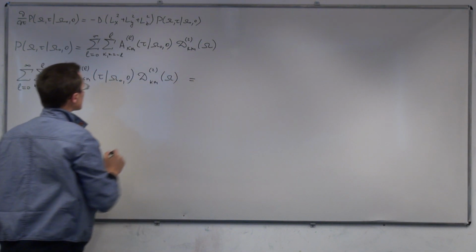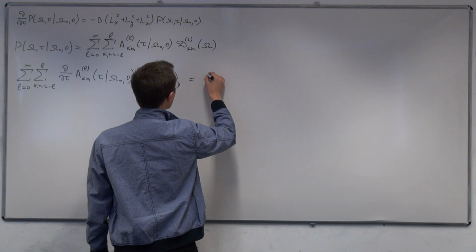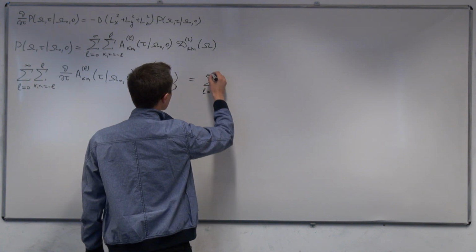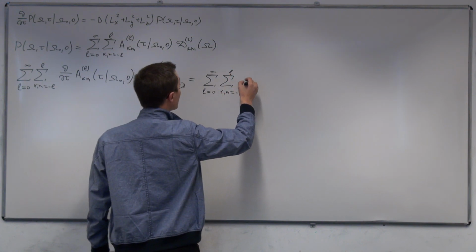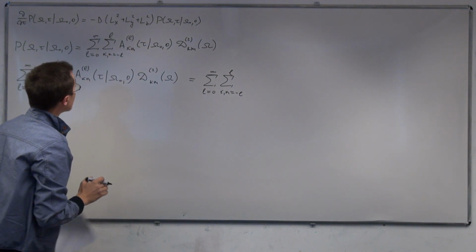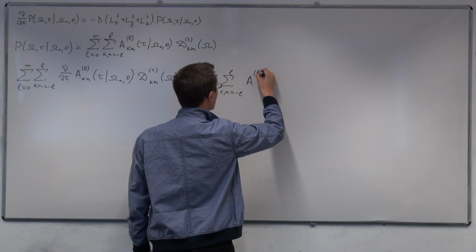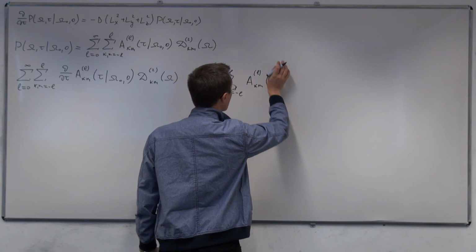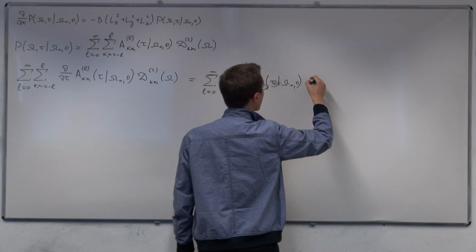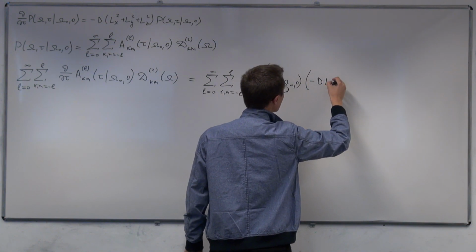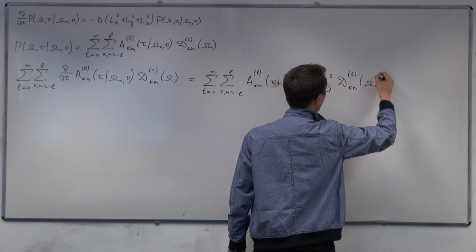So that is the left-hand side of that equation, and the right-hand side would be sum L from 0 to infinity, sum k, m from minus L to L. The operator here would not act on A because it doesn't depend on omega, so it's A_{Lkm}(tau) and the initial condition, and then minus D times L squared acting on D^L_{km}(omega).